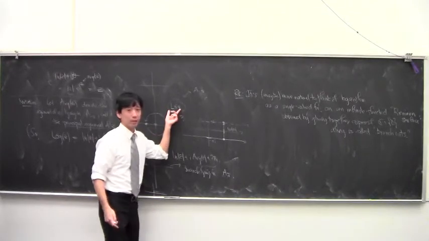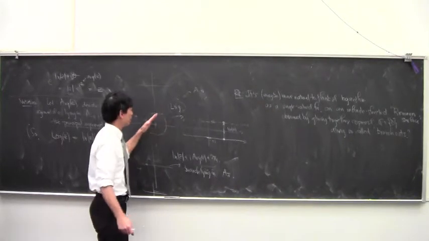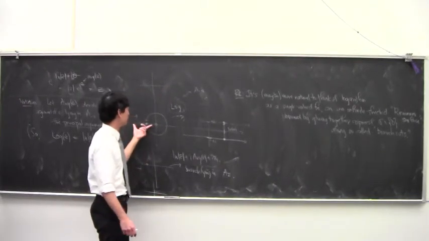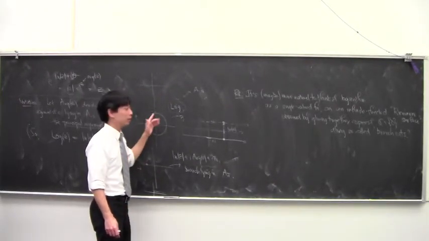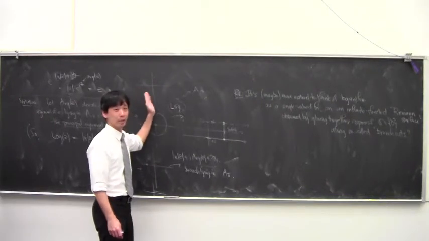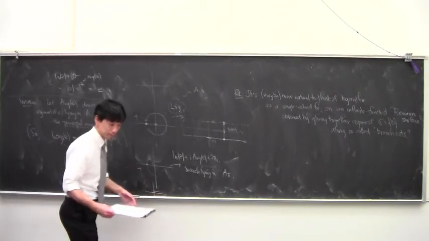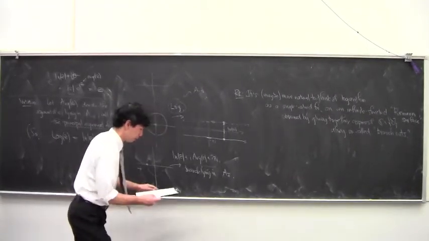If we had started off with some other branch of the log, the cut would have been along some other angle. So there's nothing particularly special about this cut here. It would have been along some other angle every time.